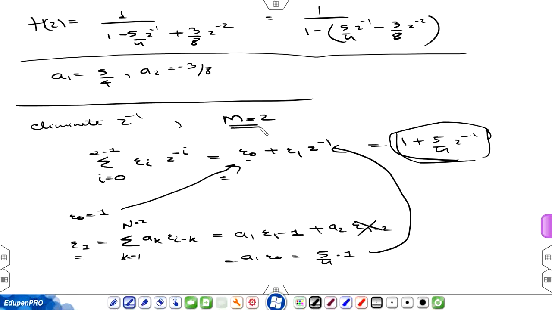Now eliminating z^-1 and z^-2, for this m will be equal to 3.